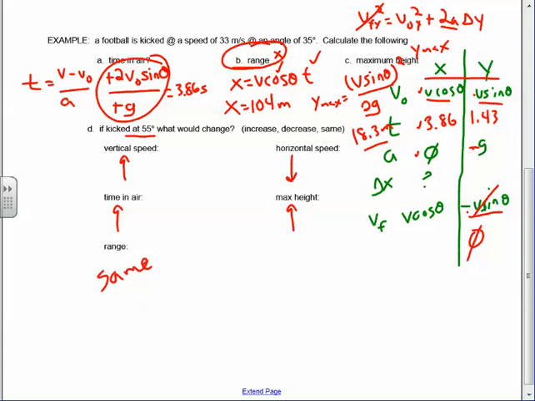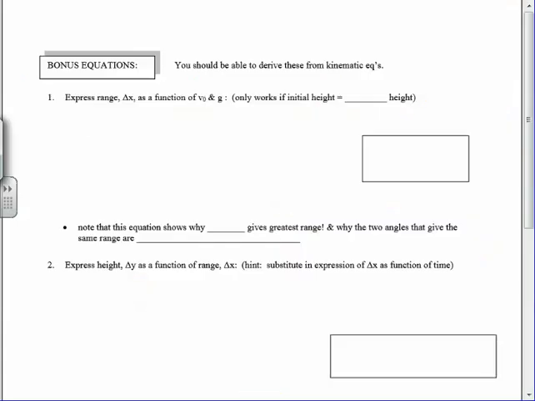Wouldn't it be nice if we could find a range without having to find time in the air first? In other words, essentially combine both those equations. This would also allow us to find the angle that you'd have to launch something if you were given a range. So if you're told that something is a few hundred meters away and you say set your launcher at a certain angle, this would be the way to do it.